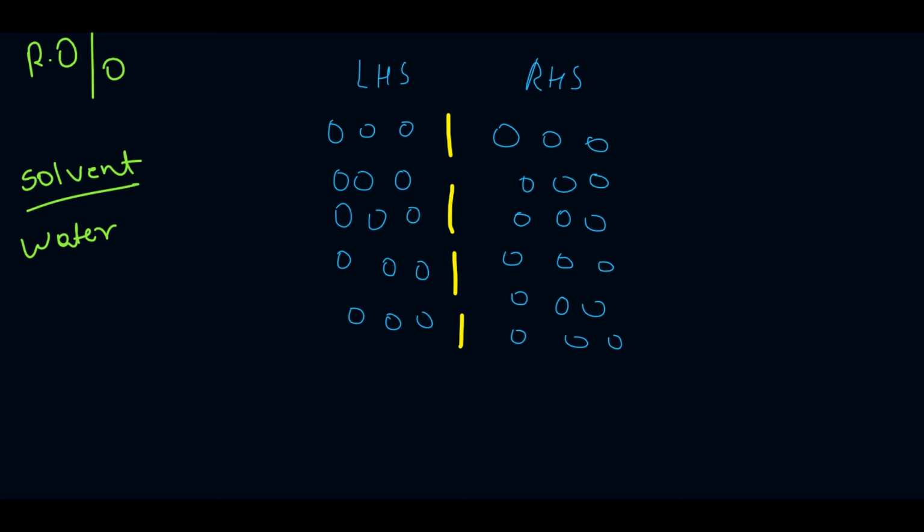The solvent on the left hand side can easily move to the right hand side, and the solvent from the right hand side can easily move to the left hand side.